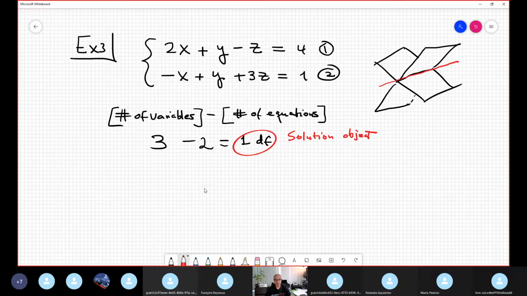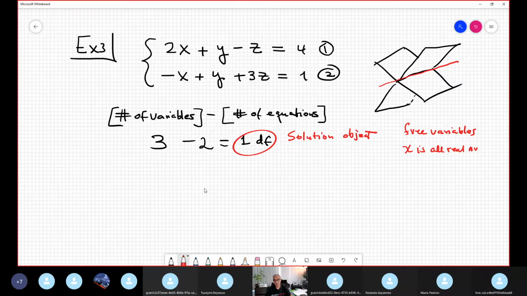Remember when you studied in the other chapter, before we knew matrices, we defined the free variable. A free variable is a variable that can be any real number. Suppose that x is any real number. This is free, no restriction.